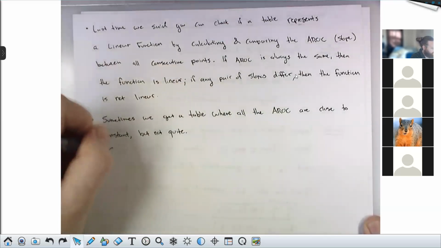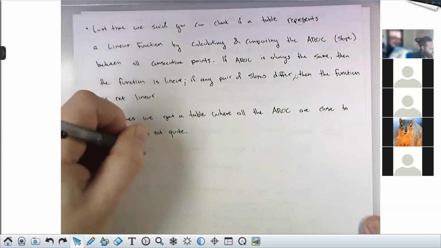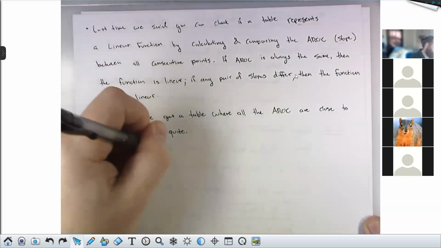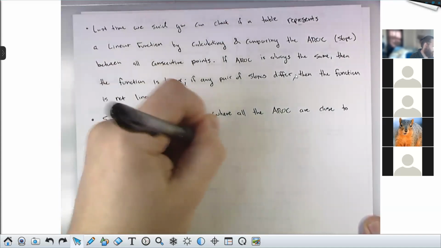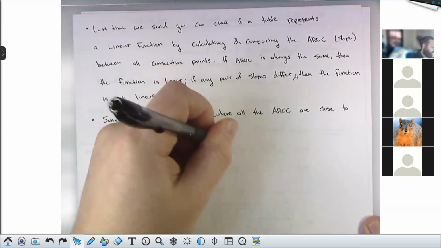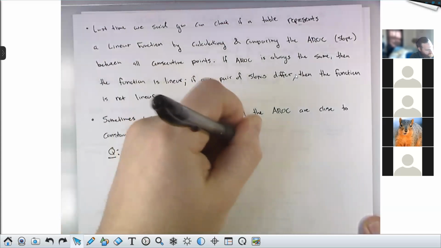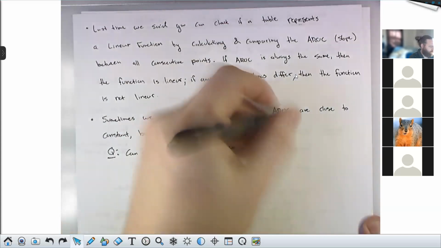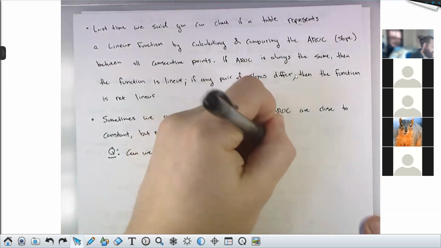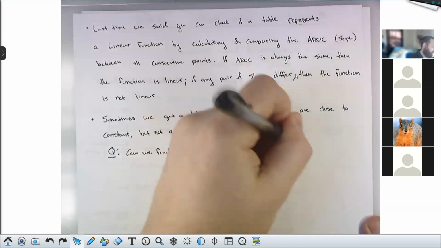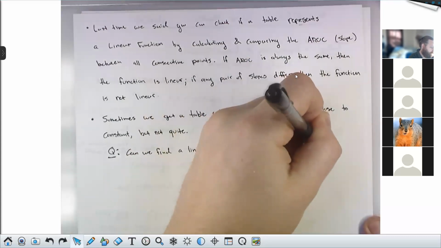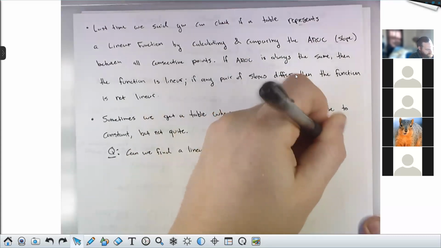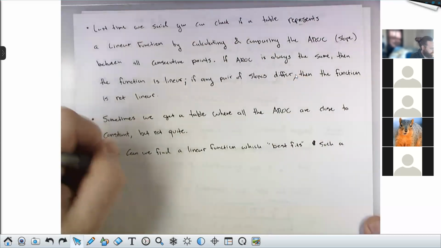This invites a big question. Can we find a linear function which, and I'm going to introduce some awkward terminology here, I'm going to say best fits such a table.